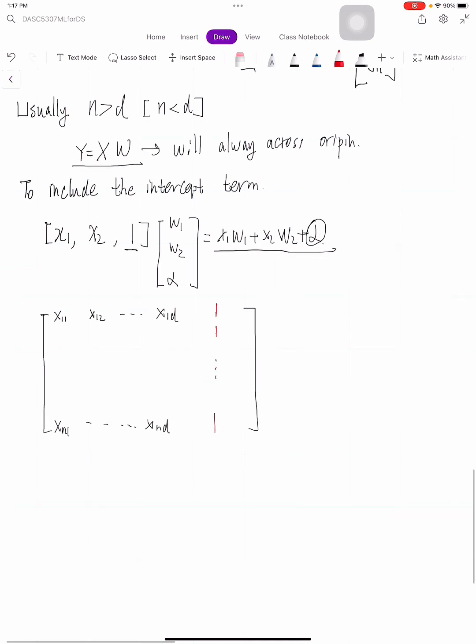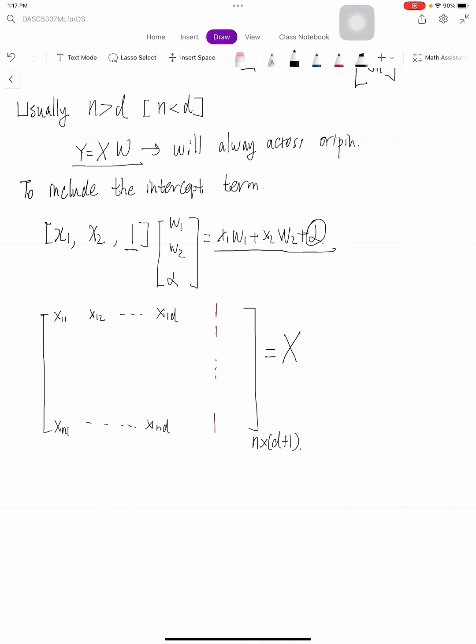So in the linear regression setting, we will denote this as our design matrix, with dimension n times d plus 1.